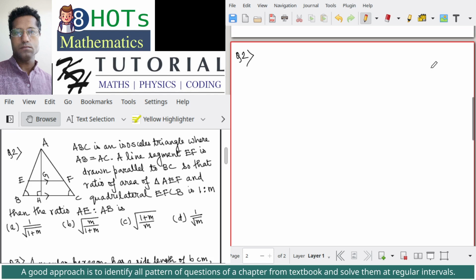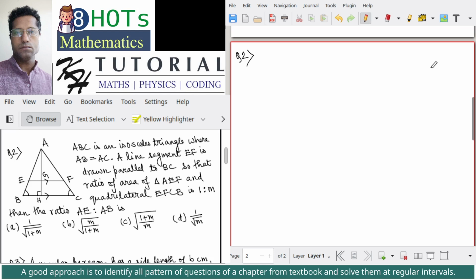A line segment EF is drawn parallel to BC so that the ratio of the area of triangle AEF and quadrilateral EFCB is 1:m. Then the ratio AE is to AB is?